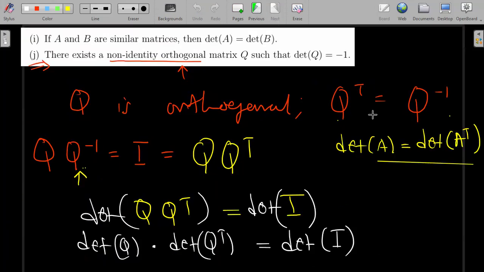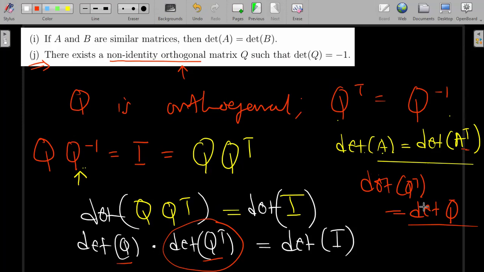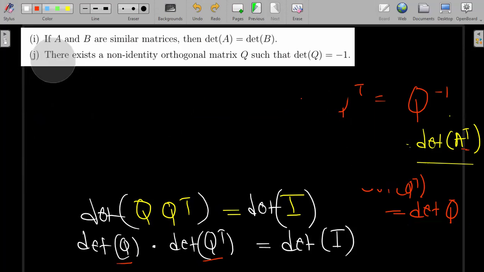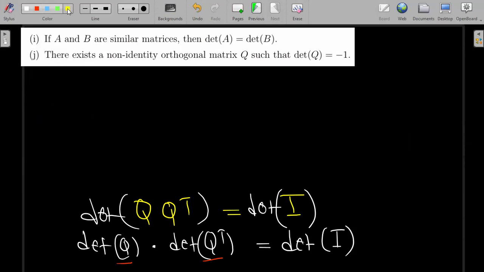So the determinant of A is the same as the determinant of A transpose. What I see here is Q and Q transpose, so the determinant of Q transpose is the same as the determinant of Q. Here I'm going to replace this with the determinant of Q. So what we're going to have now is the determinant of Q multiplied by this one, which I'll replace with the determinant of Q as well.